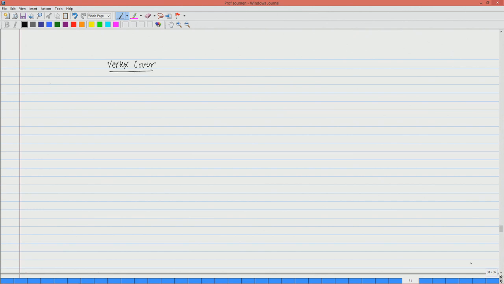Vertex cover. So, a vertex cover of a graph G, which has the vertex set V and the edge set E, is a set Q of the vertex set V that contains at least one endpoint of every edge.